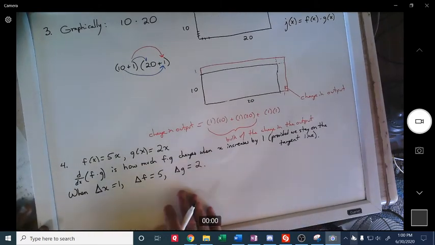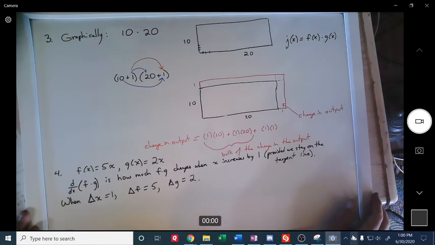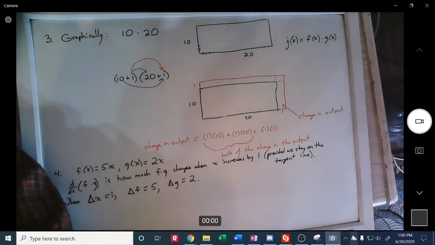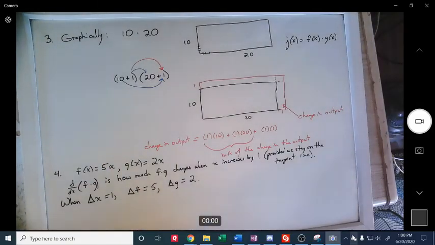Okay. So let's draw a picture of this, but before I do that, let me take a quick picture.